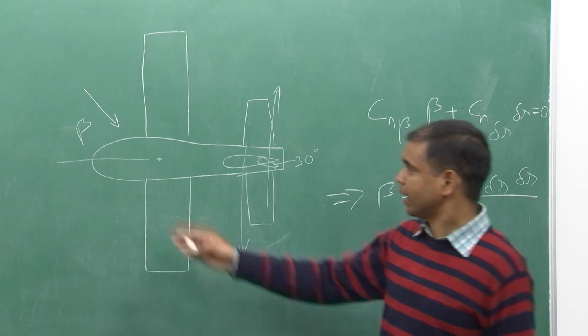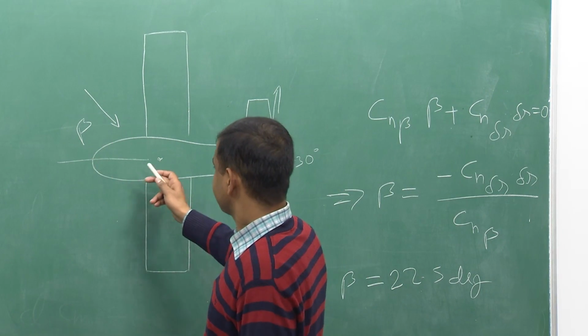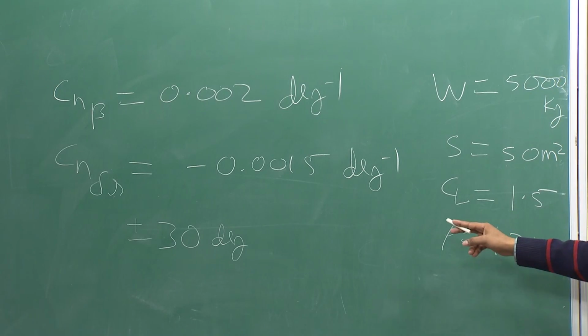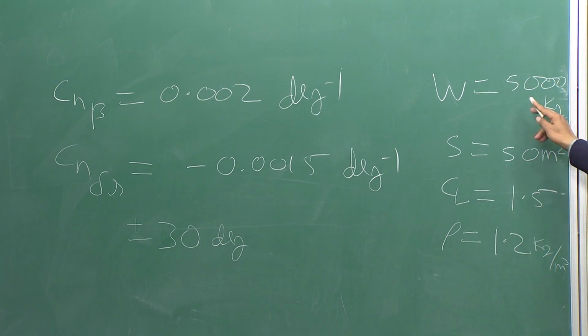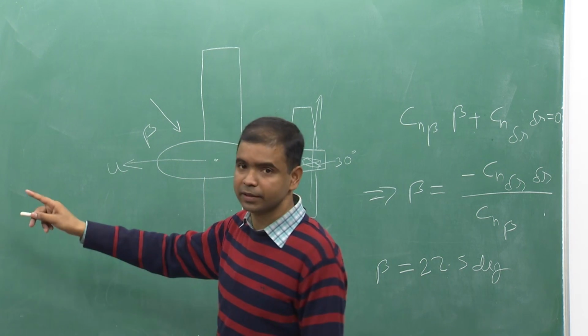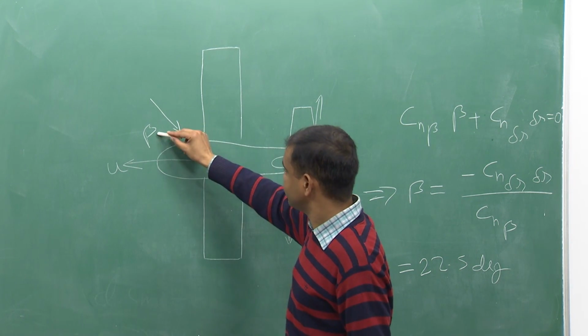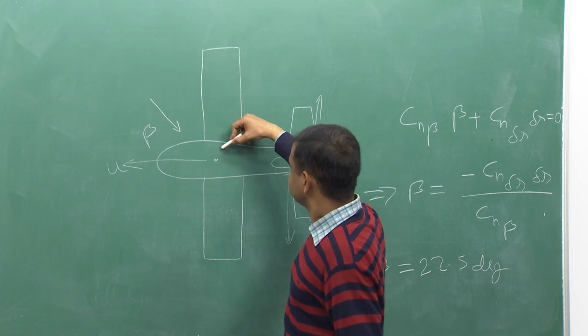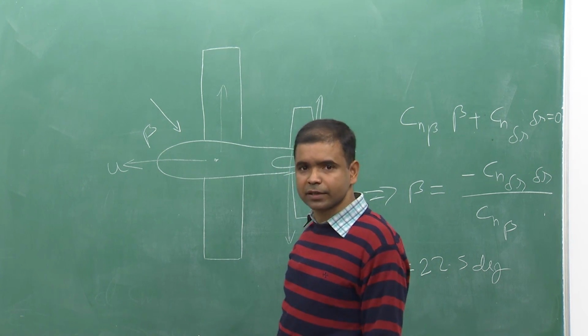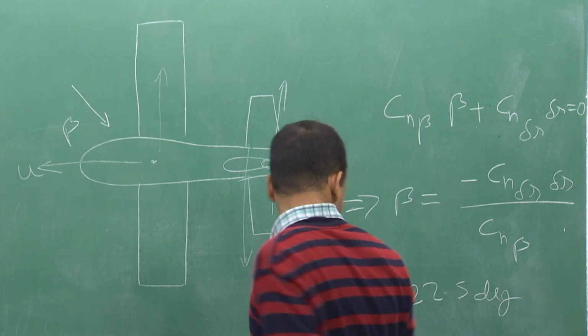Now, we have this beta, and as we know we are given the CL and the weight of the aircraft. From here you can find the forward speed. Suppose I write this with u, I can find u from here, and if I have the beta and u, I can find the maximum crosswind velocity also.